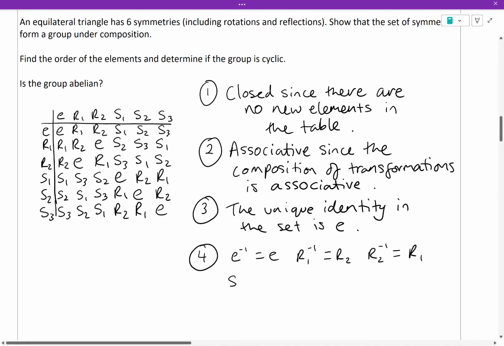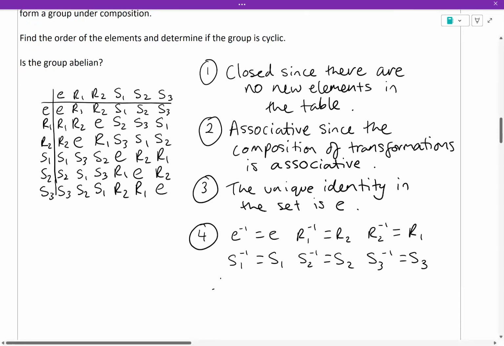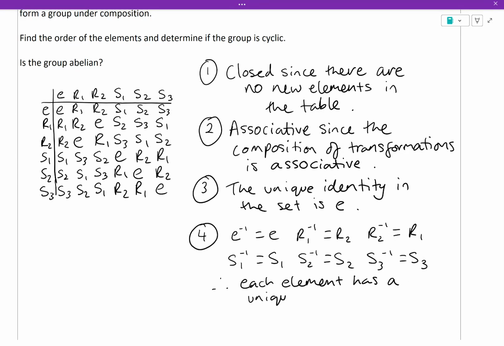Then let's do S1. Okay, so the inverse of S1 is itself. So what you'll notice is that all the reflections are self-inverse. So S2 inverse is going to be S2, and S3 inverse is going to be S3, like that. Okay, so then I can conclude, therefore, each element has a unique inverse in the set.